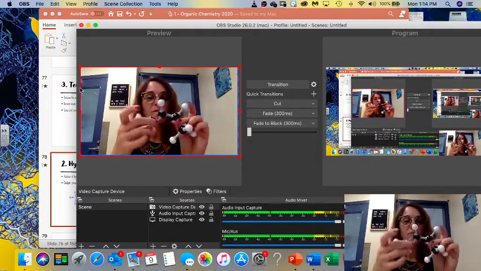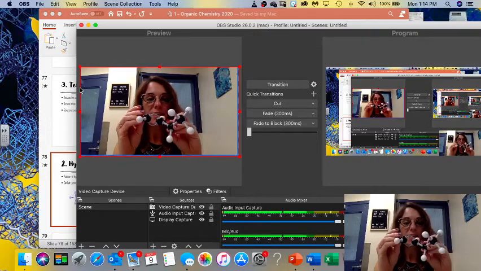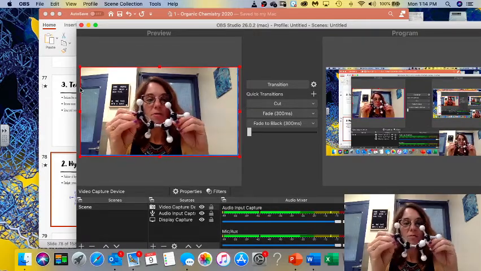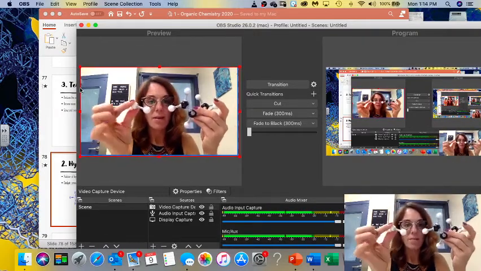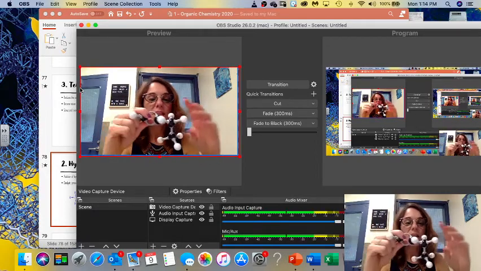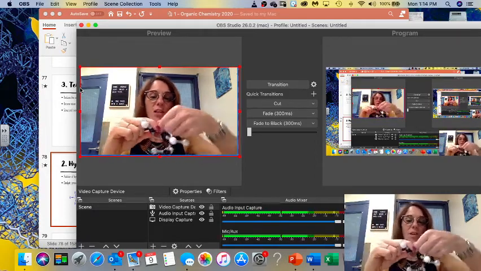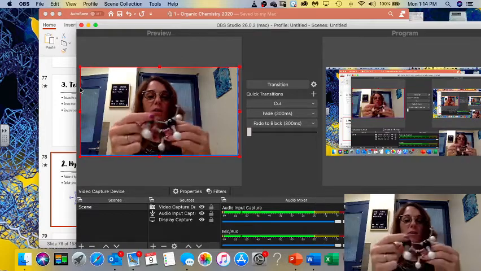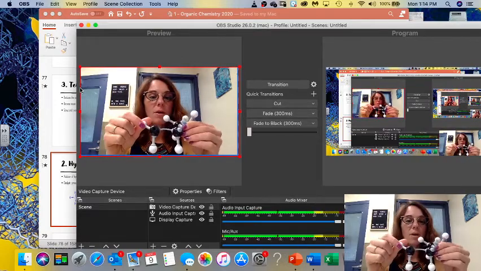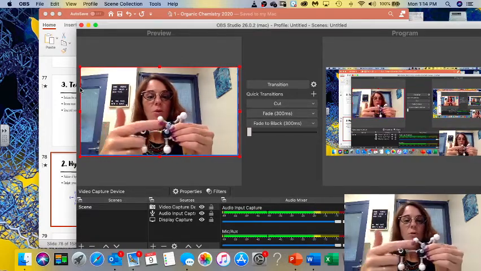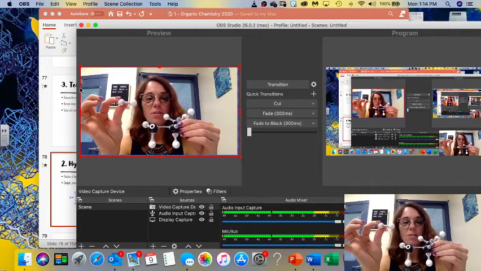So here I've got, again, butene. I've got my double bond, I've got 4 carbons, and I have a hydrogen. So just like in the first one with the halogenation, I'm going to break apart the double bond. When I break apart the double bond, I now have 2 open bonding sites. Here's my hydrogen.